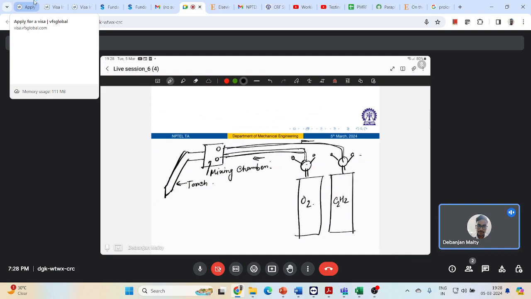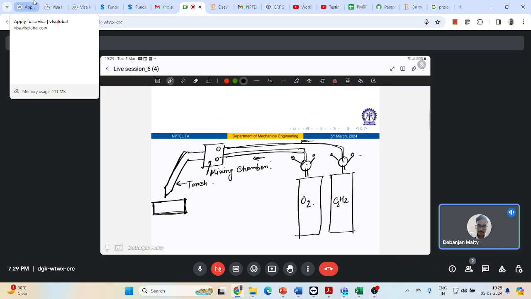There will be additional holes provided to supply this excess amount of oxygen, which will help you in the cutting operation. That is something called oxygen cutting. And then you have the workpiece, work material over here. You can add a filler rod. So this is a typical oxyacetylene gas welding setup, right?